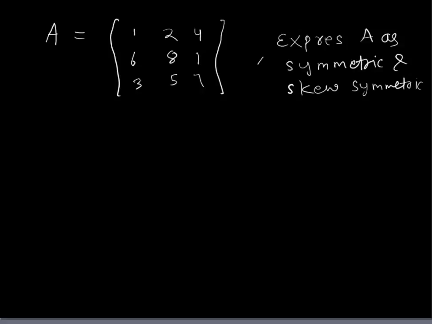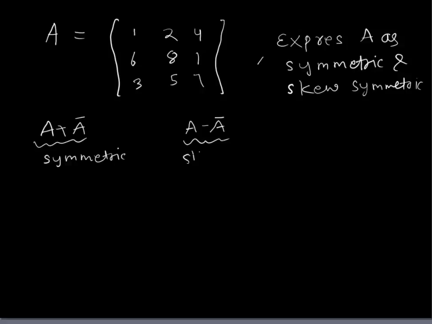So let's think about all the tools we have in our toolkit. So we know that A plus A transpose is a symmetric matrix. So this is a symmetric matrix. We also know that A minus A transpose is a skew symmetric matrix.